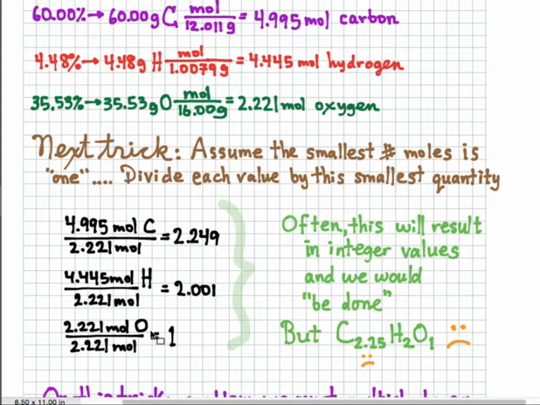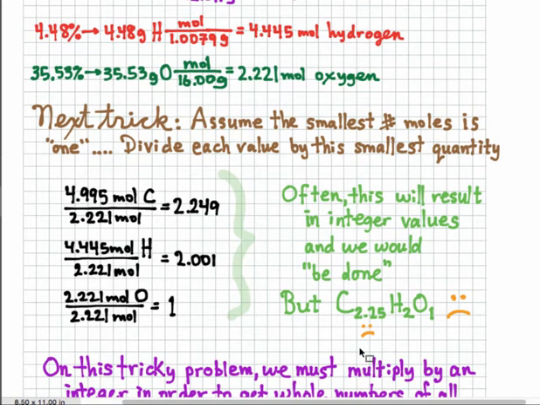Well, it works pretty well for this one, but 2.249 is not very close to an integer. This is very close to an integer. I wrote C2.25H2O1. I'm happy about this, but I'm not so happy about that.